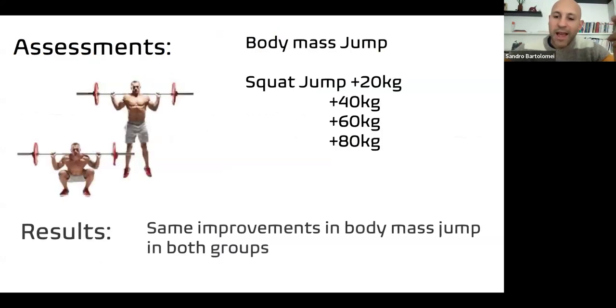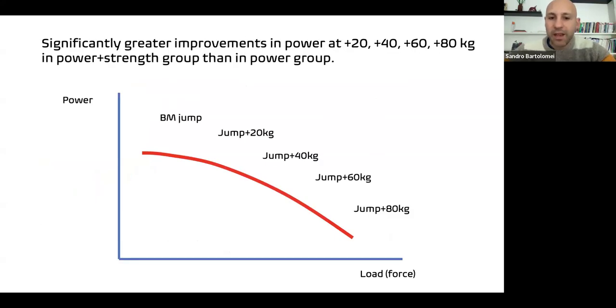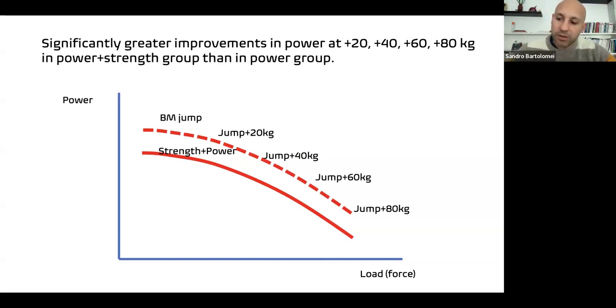And by using high intensity squat, they obtained an improvement during the entire force power curve, basically, not only at body mass. They improved the same amount in the body mass jump, but they also improved the jumps with additional load. So that was the difference between the two groups. Sorry, I was making a mistake.